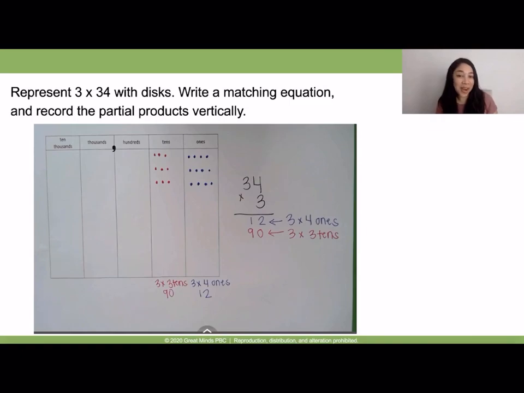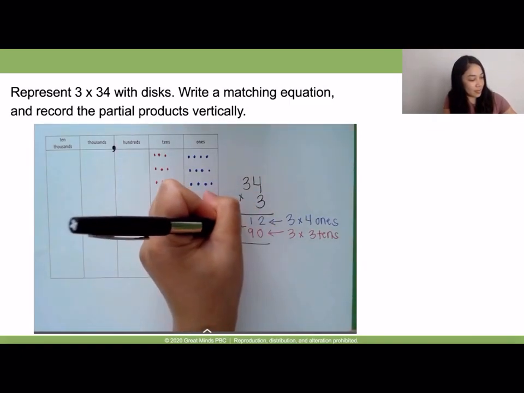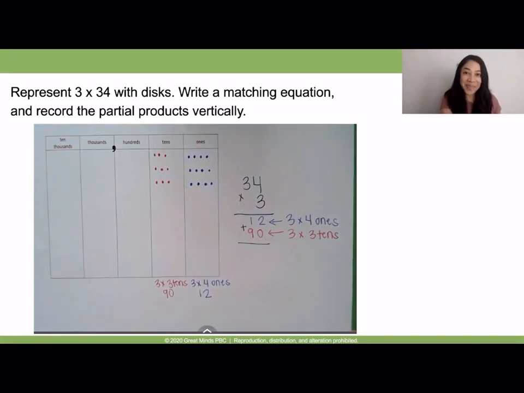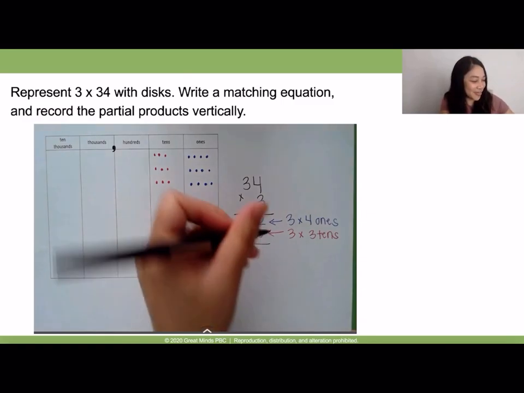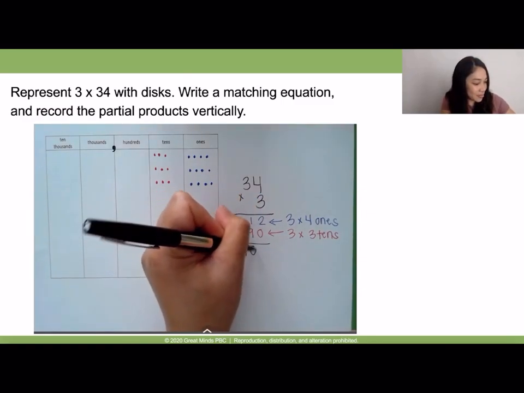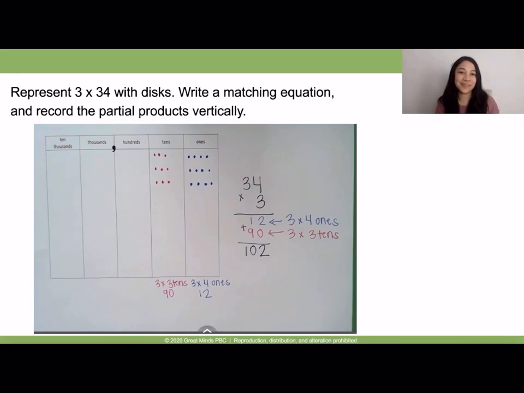Next, we add up the partial products. What's the sum? 102. Let's look again at our place value chart to confirm.